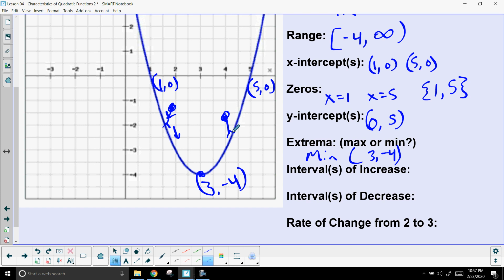So, intervals of increase is going to be, again, look at your x values, 3 to infinity, decreasing, -infinity to 3. Again, for the sake of time, 2 to 3, that's going to be right here to right here. I went down 1 to the right 1, so -1. Rise over run. Again, rise over run, just in case you didn't know where I got the -1 from.